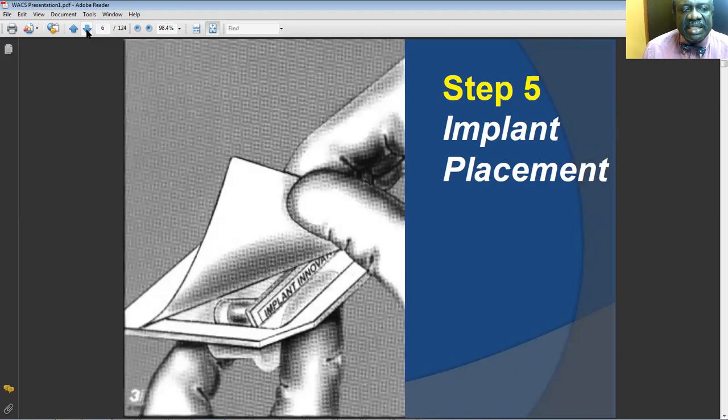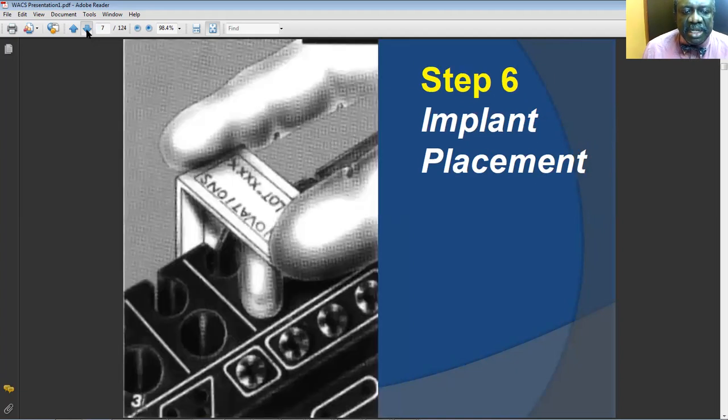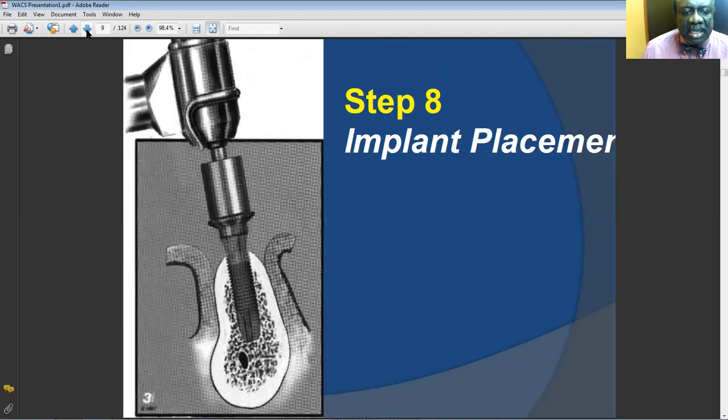And the next thing is to now remove your sterile implant from the pack, and you place your implant. And there are different ways of placing the implant. You can drill it in, but I will not suggest that. I usually use a hand driver.